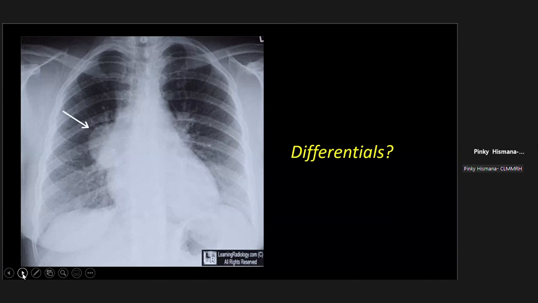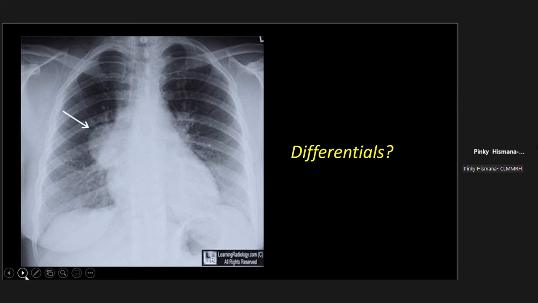Just like this case. If you notice, you have a convex opacity at this area. Actually, it's more on the right hilar area and, of course, part of the superior mediastinum. Given this image, usually the doctor only requests a PA or AP.